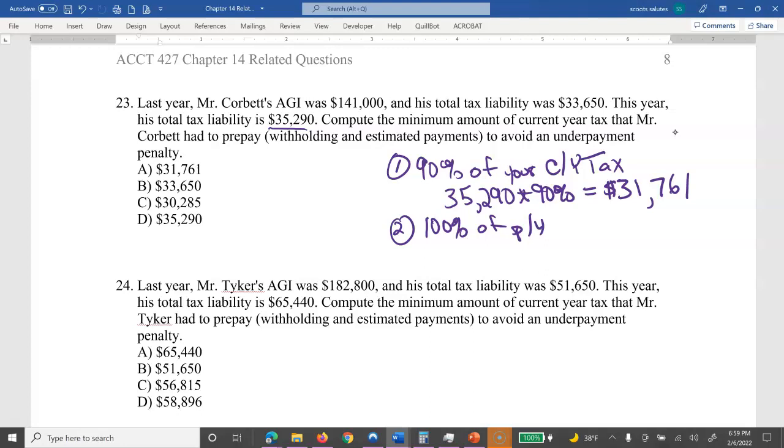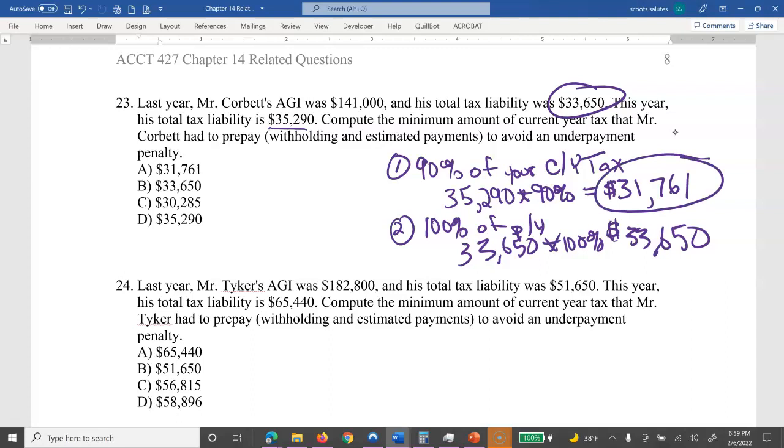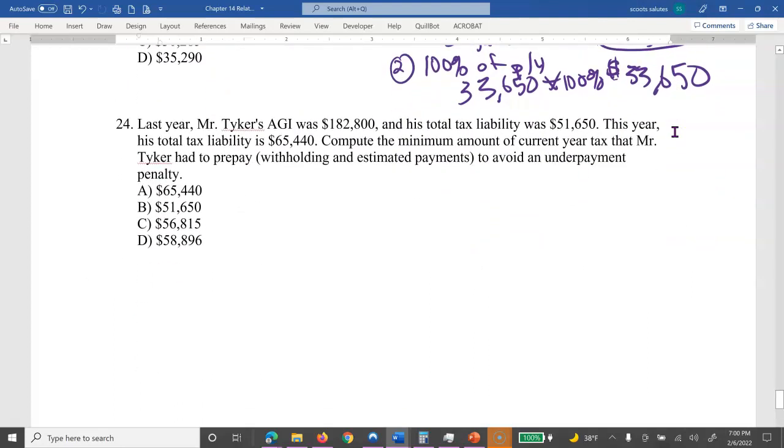Last year he had 33,650. Multiply that by 100%, so 33,650. Using that option, that would be what he would need to have paid. And as I mentioned, you actually get the lower of those. So as long as he has paid $31,761, then he'll be okay. So $31,761 is what needs to be paid.